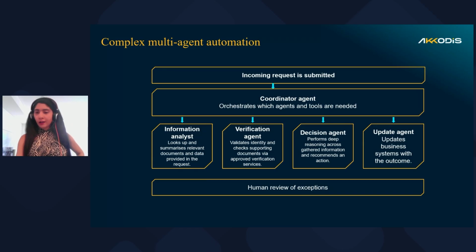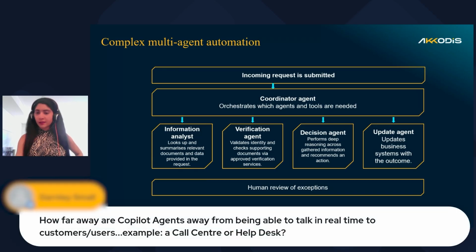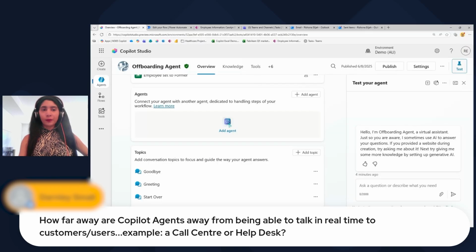How far away are Copilot agents from being able to talk in real time to customers, a call center or help desk? That is already there already. So I didn't do it in my demonstration today, but with Copilot Studio, you can give it a voice channel.